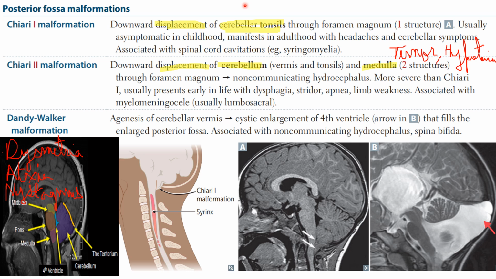So you'll be breathing through your mouth, and then we have apnea. It's a condition where you feel difficulty breathing while sleeping, or there is obstruction while breathing at night.